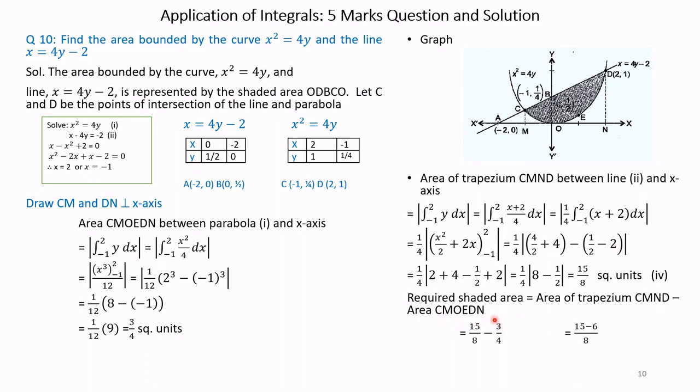That is equal to, we have got the whole area as 15 by 8 units from equation 4, minus 3 by 4. Taking 8 as LCM, that becomes 15 minus 6, that is equal to 9 by 8 square units. That is the answer.